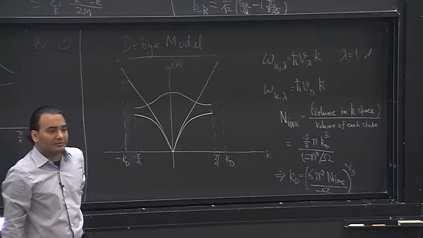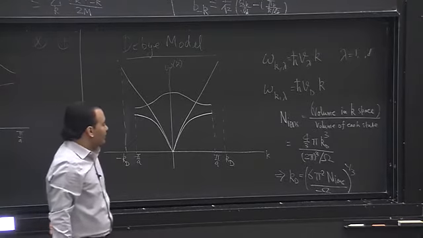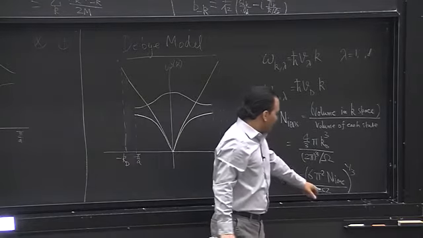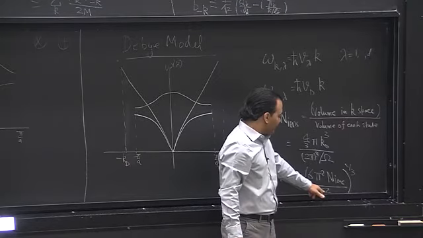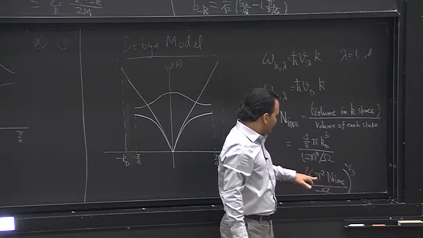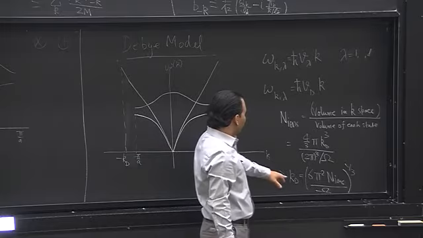How do you know it's bigger than pi over a? Let me see if I can prove it right away.